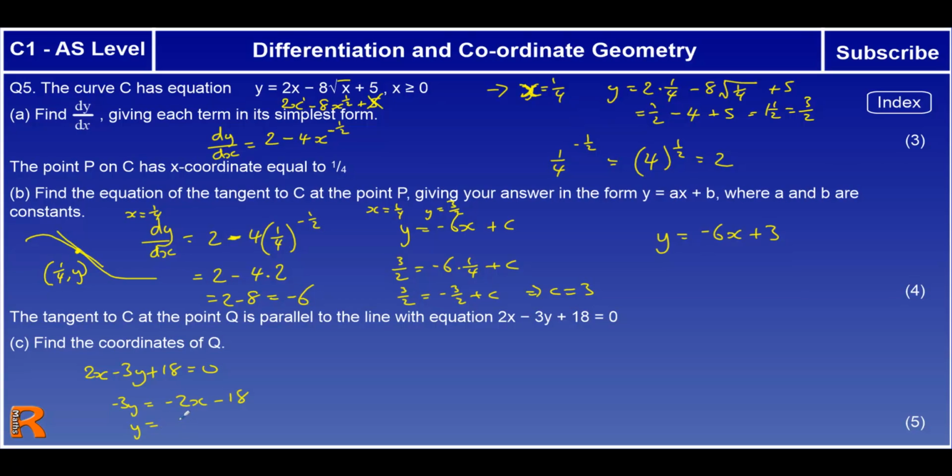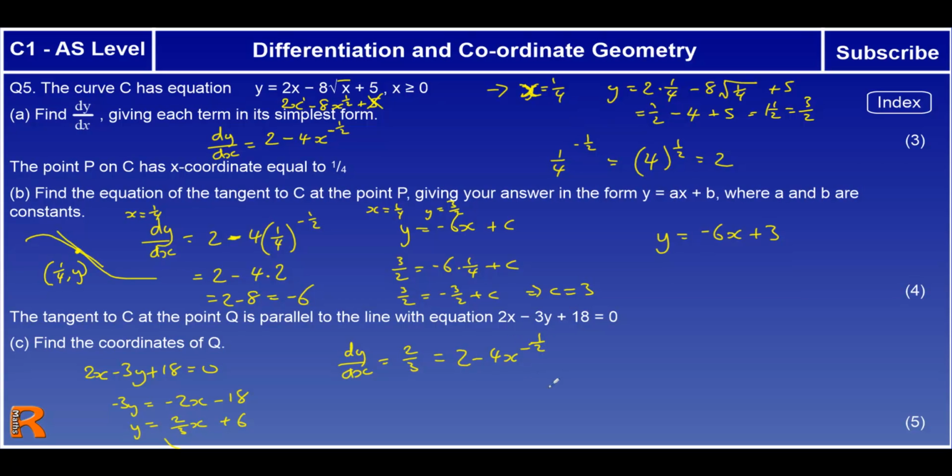Divide by minus 3, we get 2 over 3x. And divided by minus 3 gives us 6. So our gradient is 2/3. So dy by dx equals 2/3. So that's equal to this thing here, 2 minus 4x to the minus a half.